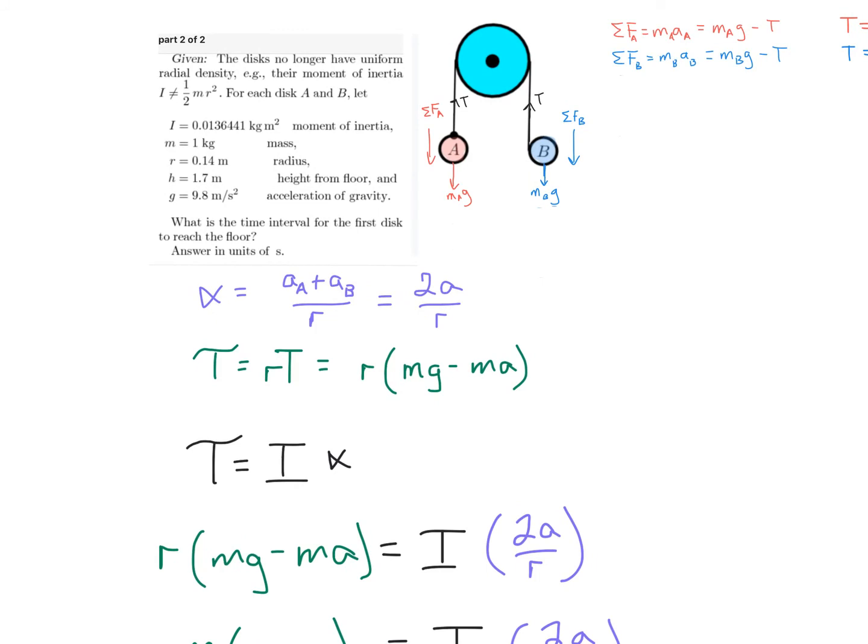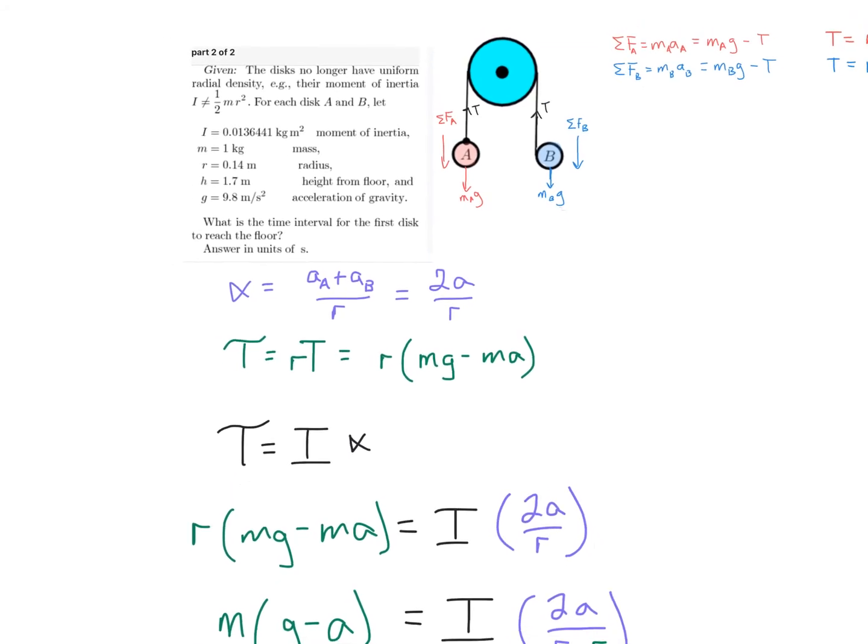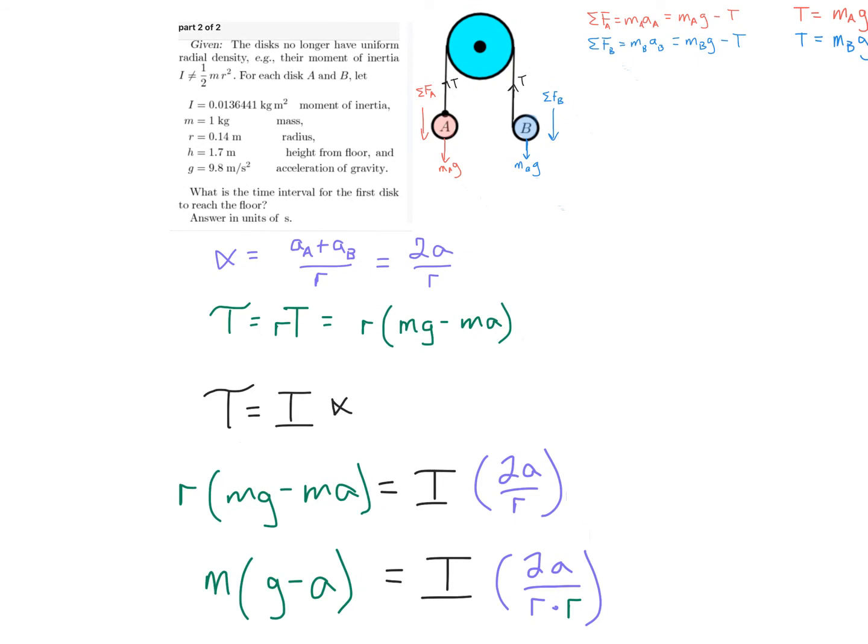And here's where the algebraic nightmare begins. All right, so we substitute in, and now we have to clean up this mess. So first of all, let's move R over to the right-hand side, so that way we can get the parentheses in green and remove that. I already have an R on the right-hand side, so he's going to go hang out with his friend, and I'm going to get R times R on the bottom. Now, while I'm here, I'm going to go ahead and pull mass out.